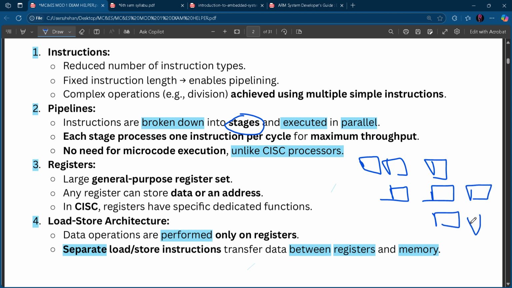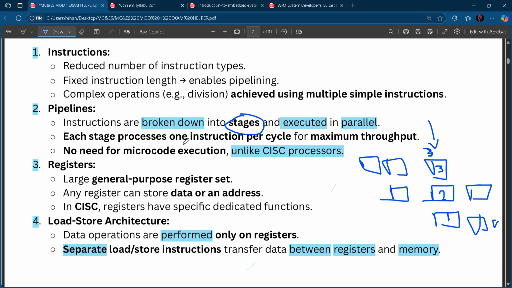So now you can see one more box will come. At this place, suppose this is clock cycle number 3. Here the last stage of the first instruction, the second stage of the second instruction, and the first stage of the third instruction, all three are being executed parallelly. You understand, right? So that's what they mean when they say it is broken down into stages and executed in parallel.